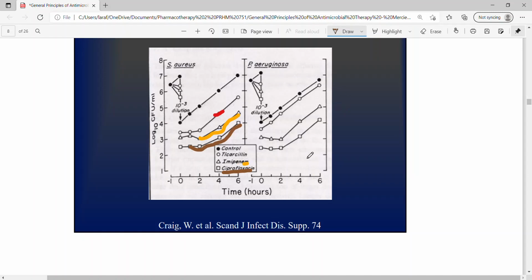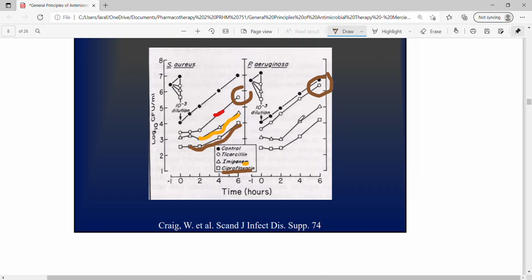You can see that the control does not change by much, and this is the same dilution, 10 to the negative third. You can see that the greater effect is with the Staph aureus, with some of these antibiotics. If you compare ticarcillin on this side to that side, this is a greater effect because it's lower. The concentration of bacteria is lower on this side than on that side, which is almost like the control.